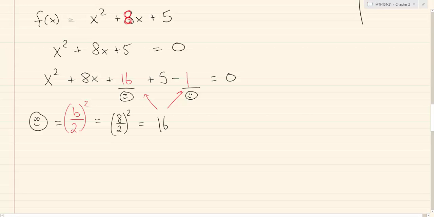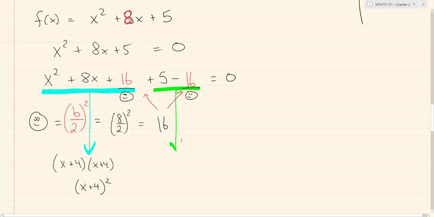Plus 16 minus 16, so everything stays balanced. We haven't done anything tricky. This component that we added 16 to is now a perfect square. This factors into x plus 4 times x plus 4, which is x plus 4 squared.